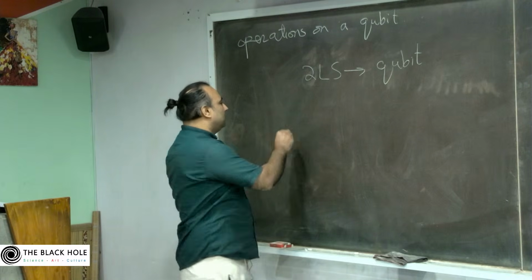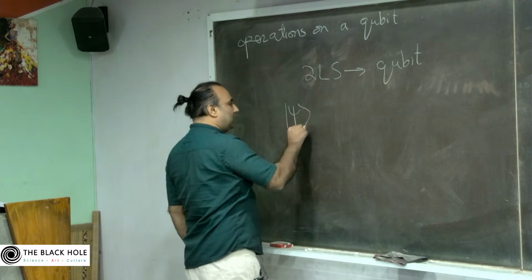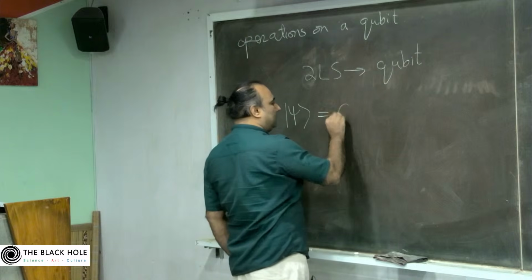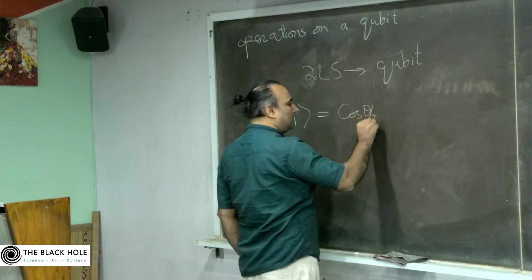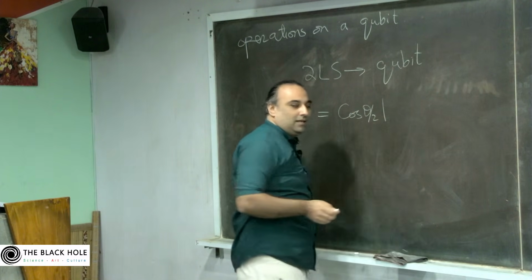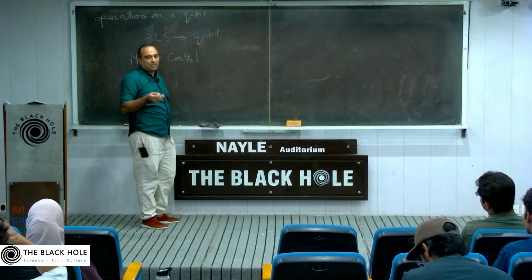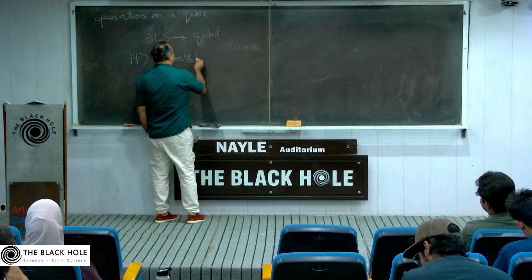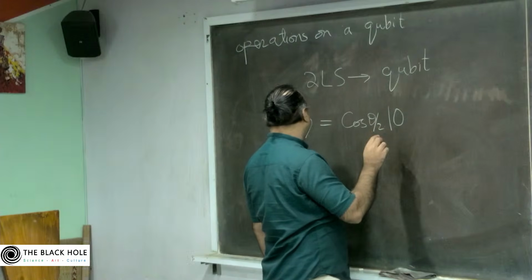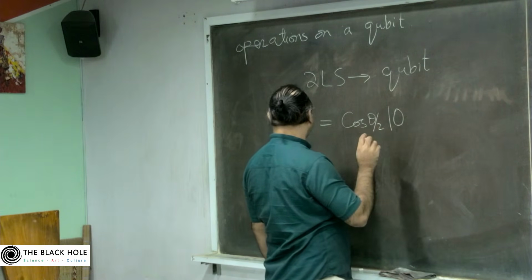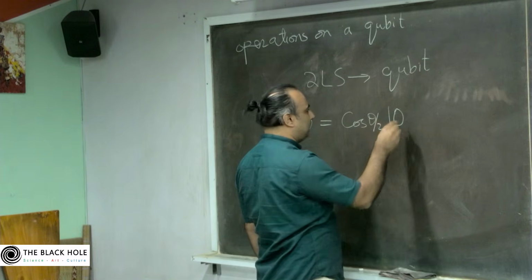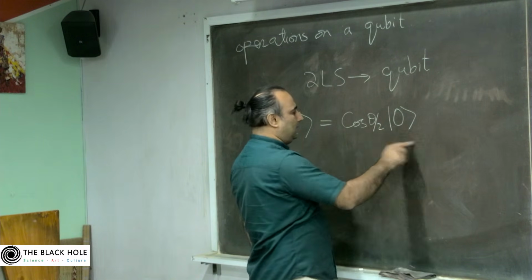We know that we can write its state as cos theta by 2, and today I'll be using notation 0 and 1 instead of 1 and 2. That's more standard for this kind of topic.